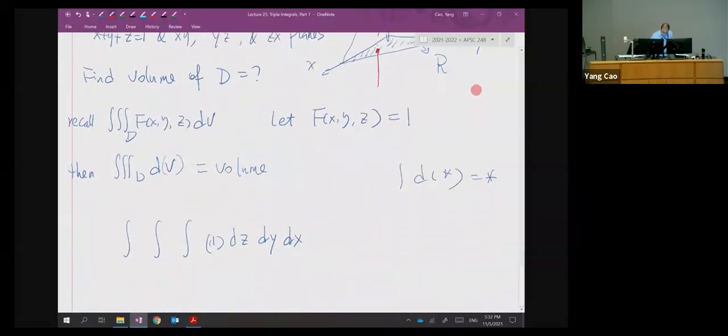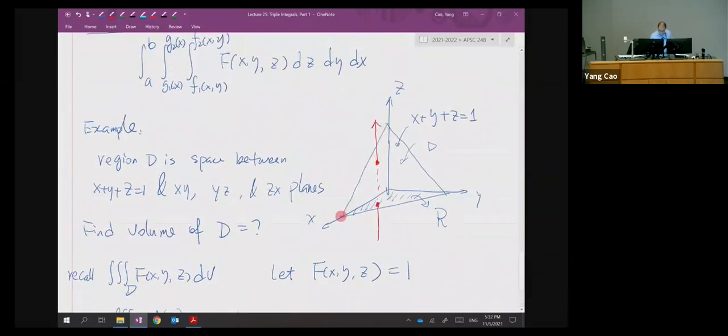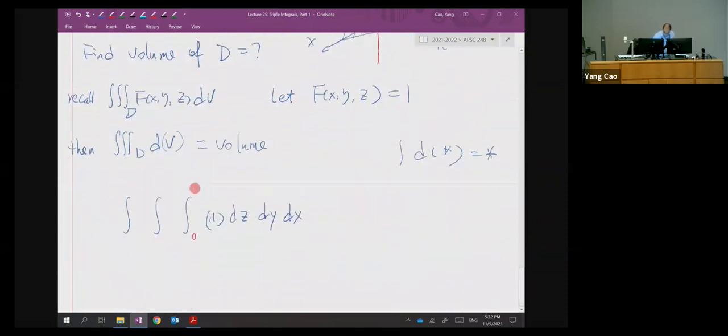So your Z min will be 0, and your Z max will be decided by the top surface. So Z max is 1 minus X minus Y, based on the plane given here. Now we have the Z limit for this question.